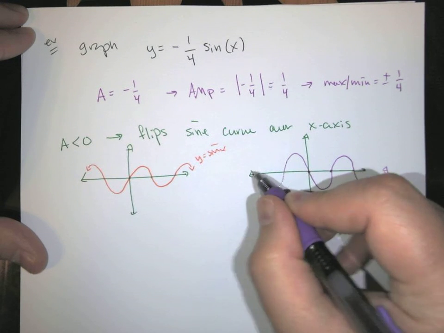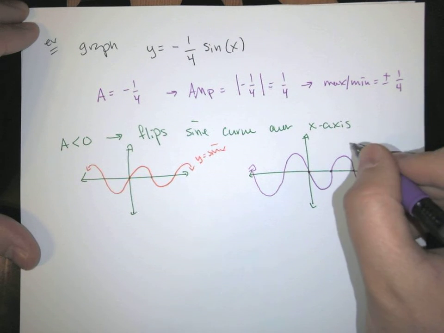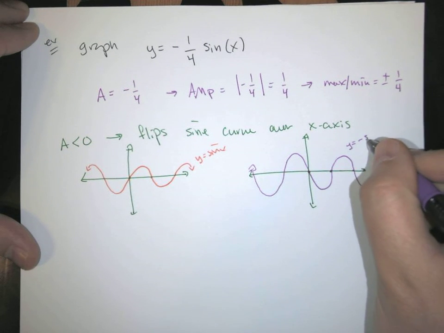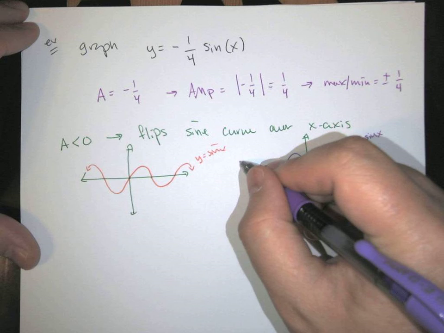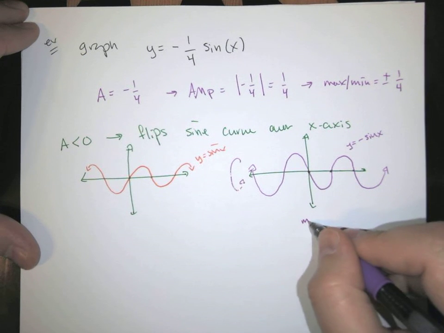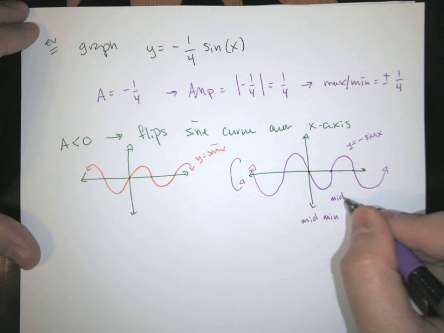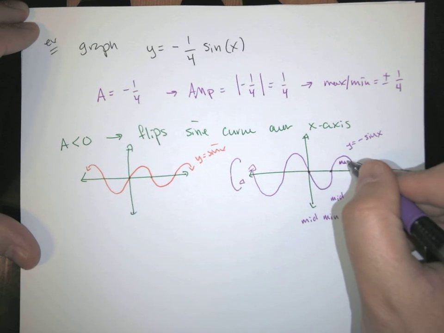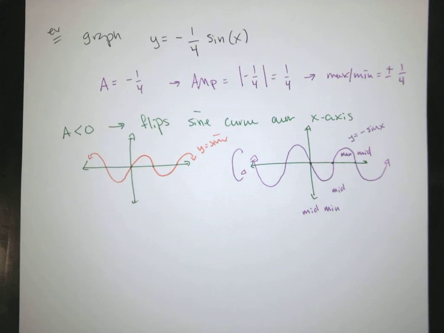It's the same movements, the same heights, the same everything, but we've flipped over the x-axis, right? So instead what we're going to have now is a middle, a minimum, a middle, a maximum, and a middle. So we have the same 5 key points, but the pattern has changed a little bit.